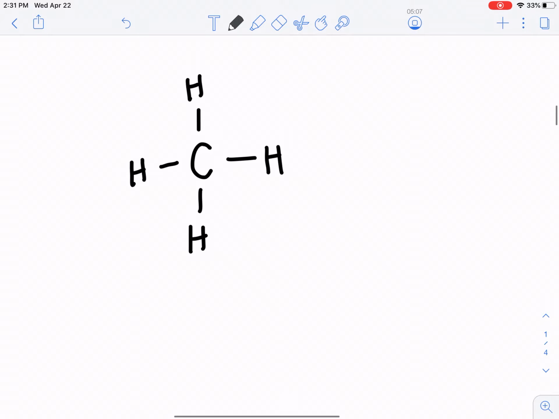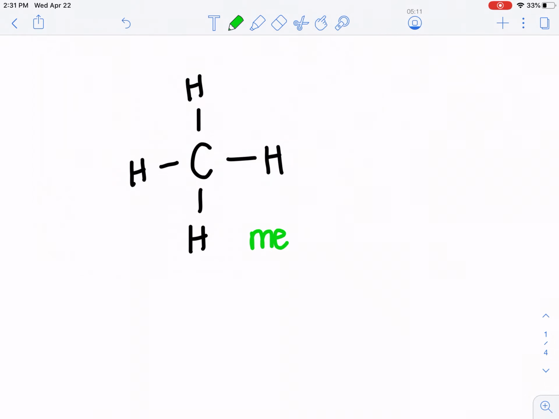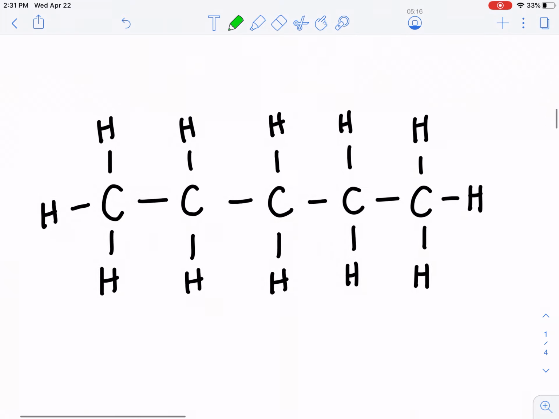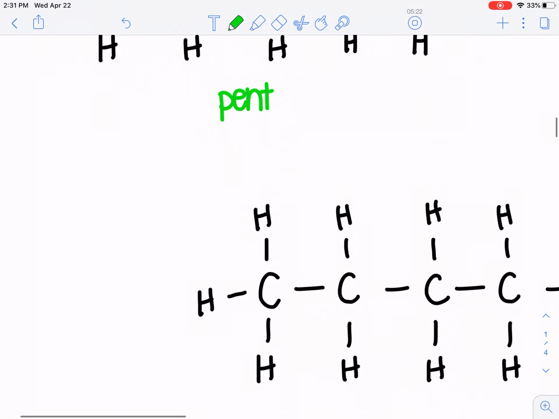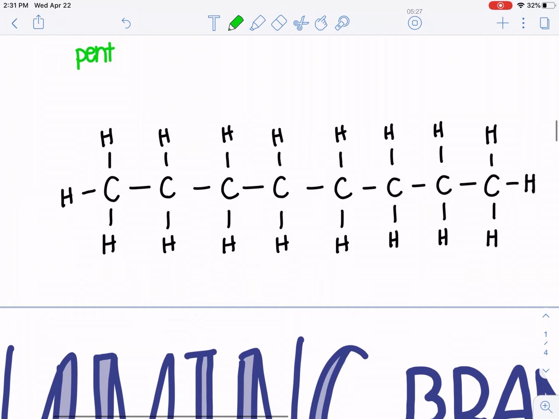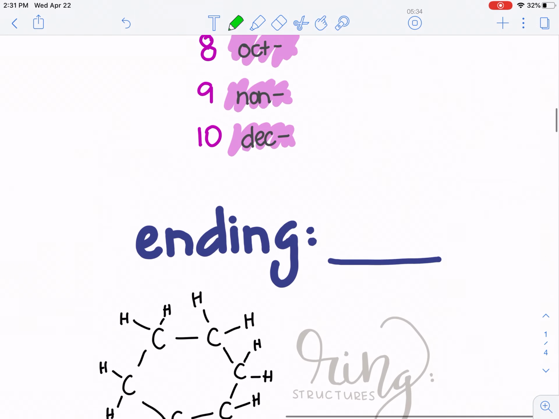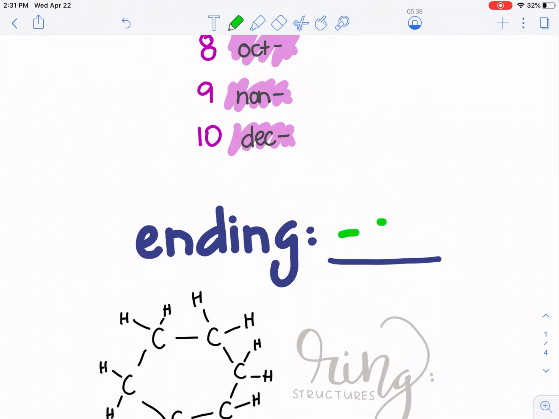So, simple structures to start with. This has one carbon, so we give it the prefix meth. This has 1, 2, 3, 4, 5 carbons, so it has the prefix pent. This one has 1, 2, 3, 4, 5, 6, 7, 8 carbons, so it gets the prefix oct. The other very important part is the ending.